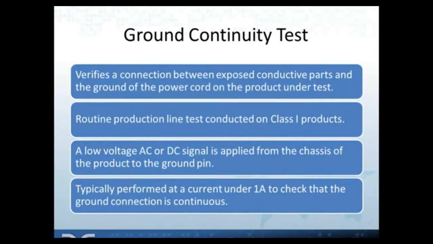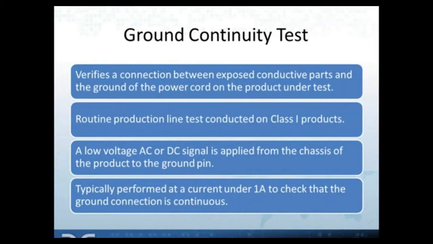Now, some testers equipped with a ground continuity function only give an indication if continuity is present. Therefore, the test operator has no way of knowing the impedance or strength of the ground connection. A ground continuity test could very well pass a product that has only one strand of wire connecting its chassis to the ground.